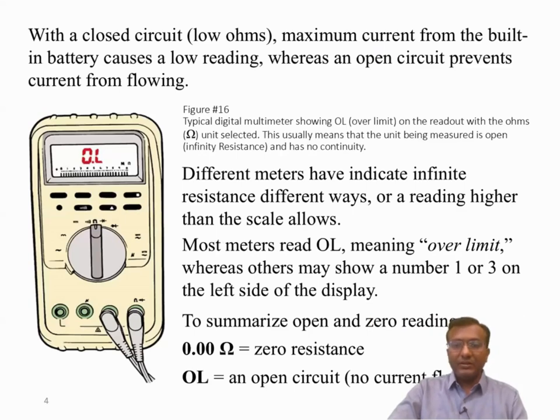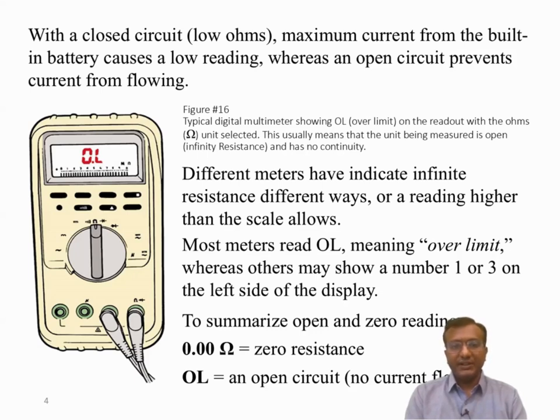Now coming on to the next important concept, that is understanding the 0 and infinity readings. 0 ohms means there is no resistance, indicating a continuous path. If it shows infinity or over limit, it means the circuit is open with no path for current.